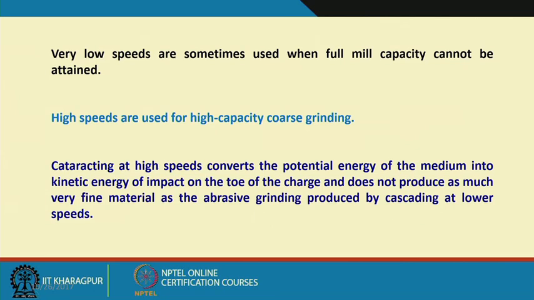I remember that we had already discussed when discussing the crusher that impact force, when you utilize it for breaking particles, does not generate much finer particle. It helps in a coarser particle size distribution as a product. It is a similar thing here: because of the impact you may not have your desired fineness of product. So, when I need very fine particles as a discharge, I need to reduce the speed so that I can promote the cascading action.